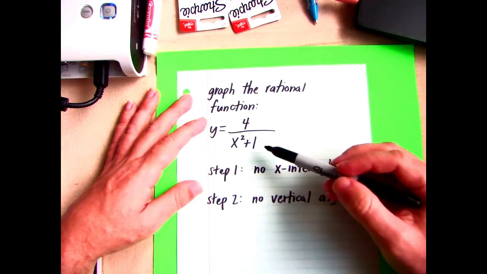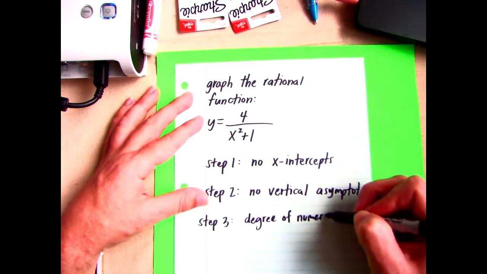And then for step 3, we're going to look at the degrees of the numerator and denominator. The degree of the numerator is 0. There is no x term, so the degree of the numerator is 0. The degree of the denominator is 2.